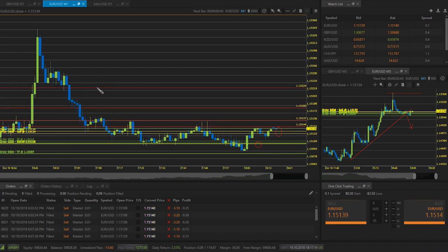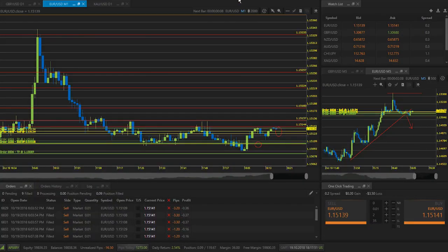Just for somebody just starting out, trying to understand this, would you recommend drawing on their chart in the beginning stages every time, or is that a useful tool for us? Drawing on the chart, absolutely.